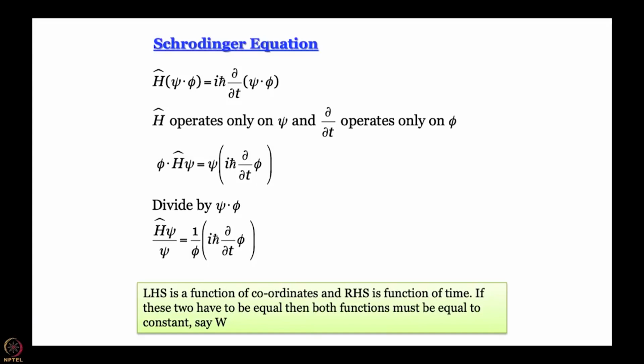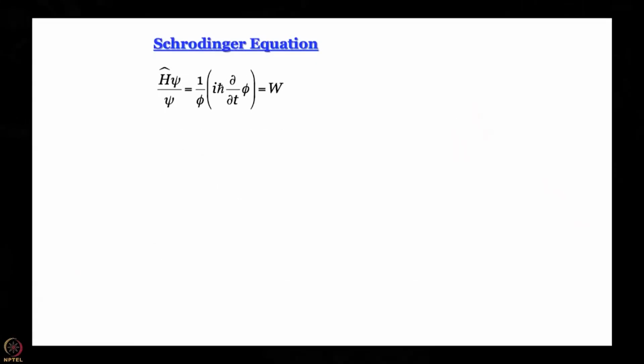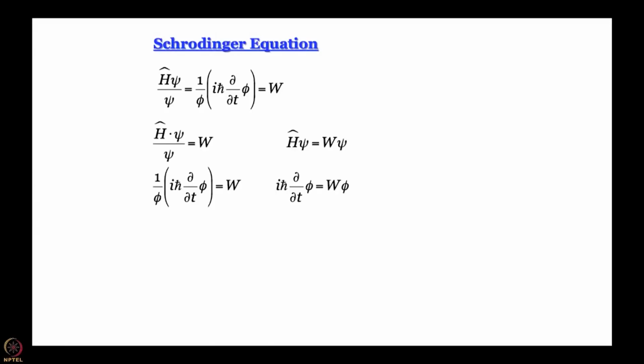We will write that constant as W. Okay. So, we write it as W and then we can get two equations. One is this: H psi equal to W psi, the other is iħ del phi del t equal to W phi.